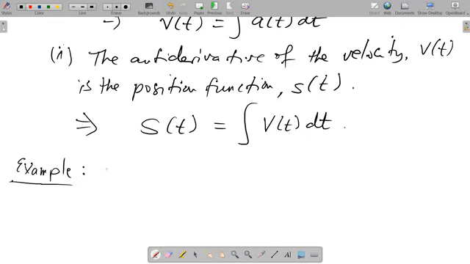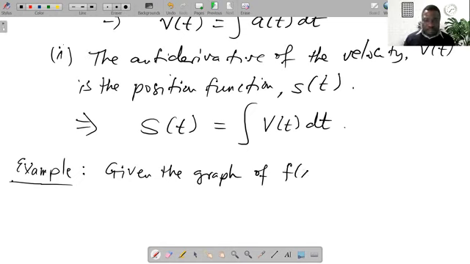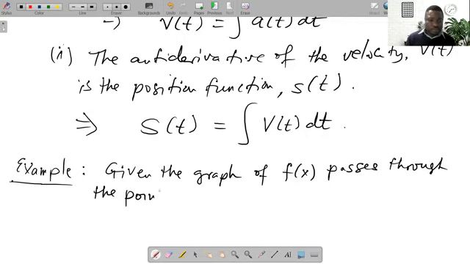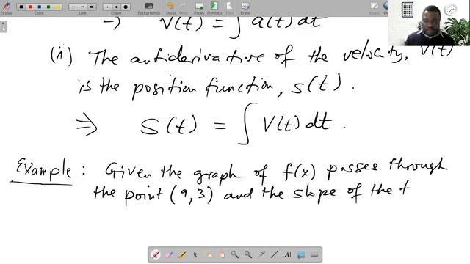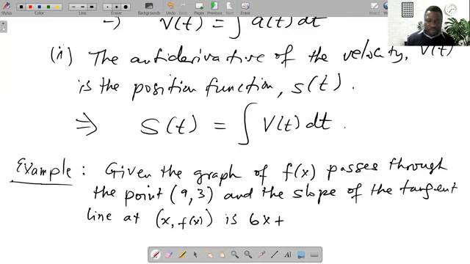So the question is: given the graph of f of x passes through the point 9, 3, and the slope of the tangent line at x comma f of x is 6x plus 2.